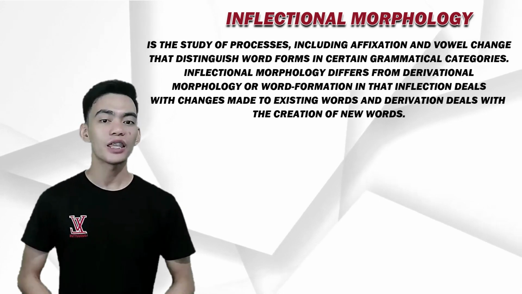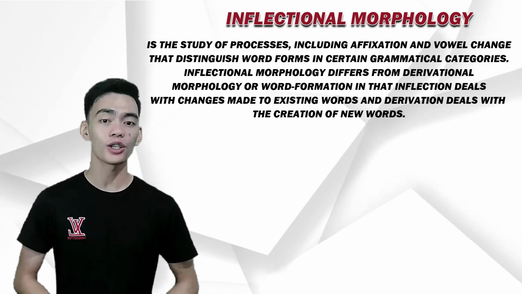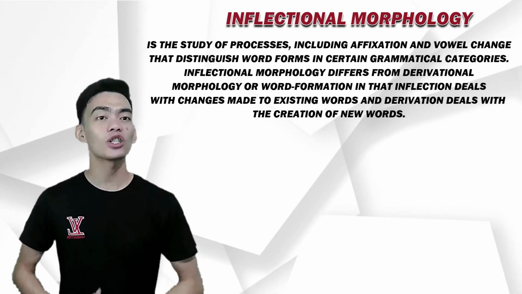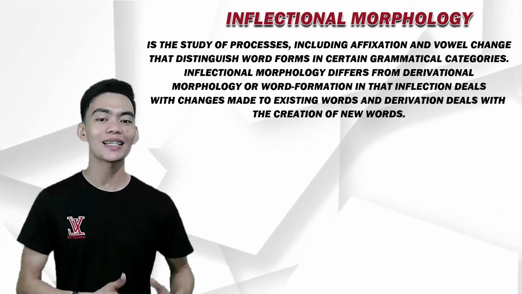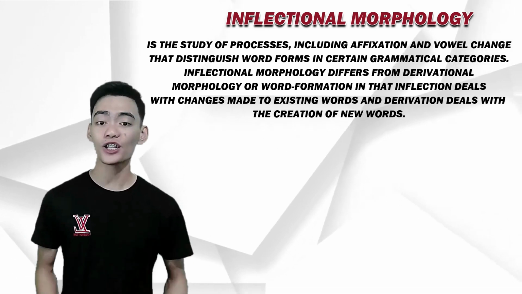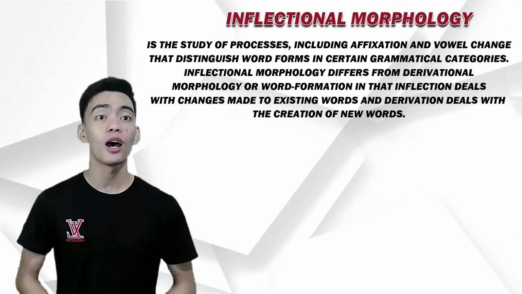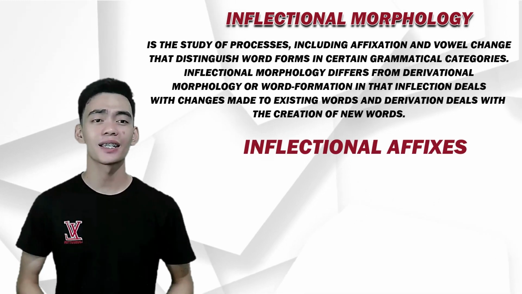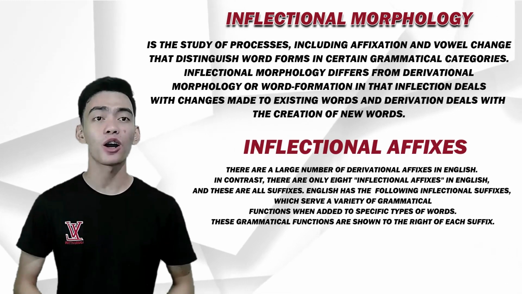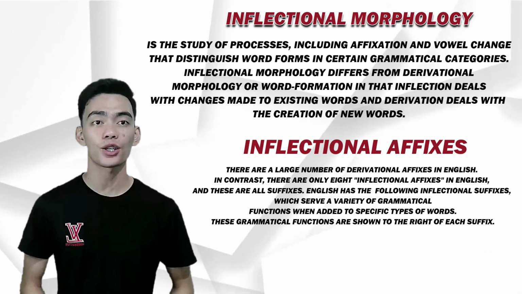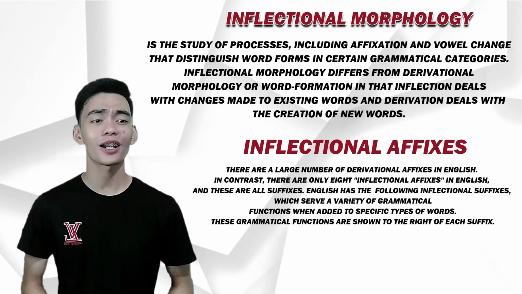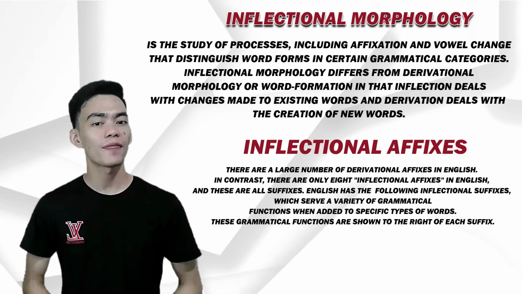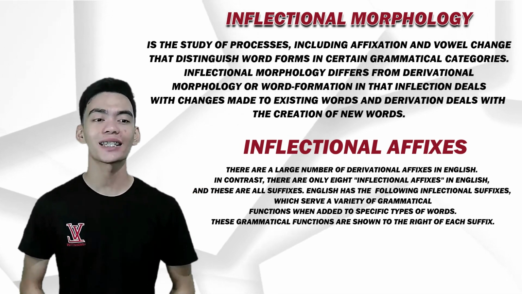Inflectional morphology differs from derivational morphology or word formation in that inflection deals with changes made to existing words, and derivation deals with the creation of new words. There are a large number of derivational affixes in English. In contrast, there are only 8 inflectional affixes, and these are all suffixes.